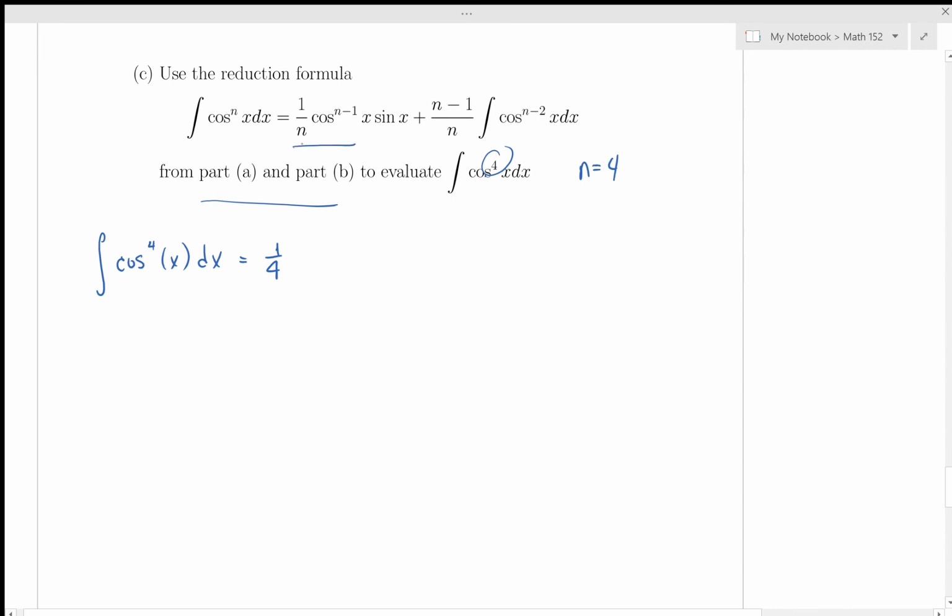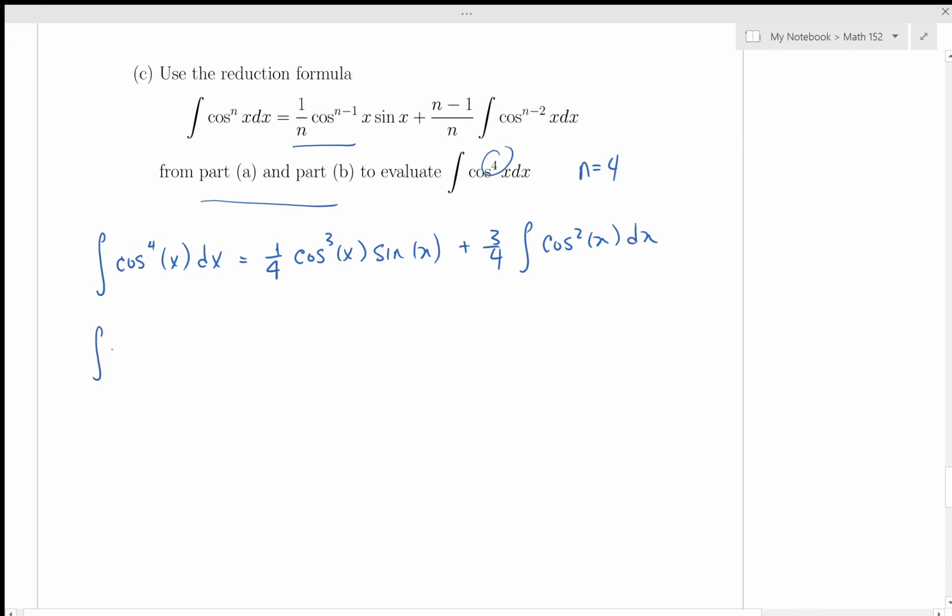I'm using the formula. n is 4, so there's 1/4, and n is 4, so n minus 1 is 3. Then I'm multiplying by the sine, and then n is 4, so this is going to be plus 3/4 times the integral of cos squared x dx. Okay, and I just did that in the last slide, so no use to go through that again.